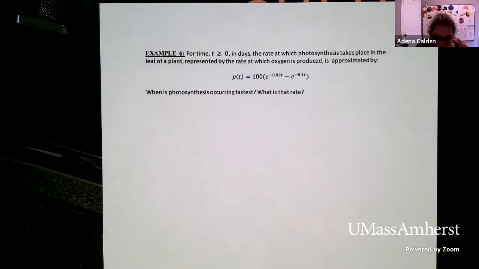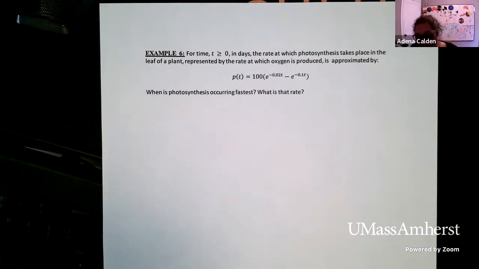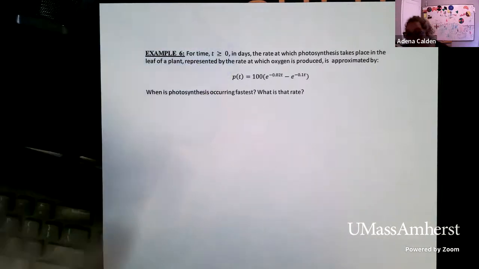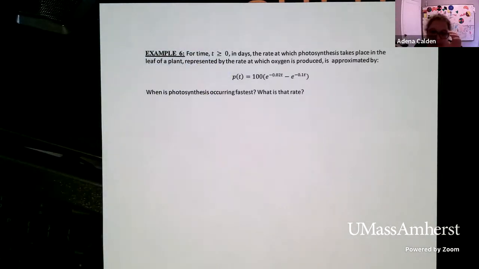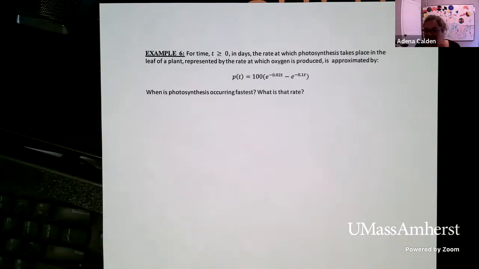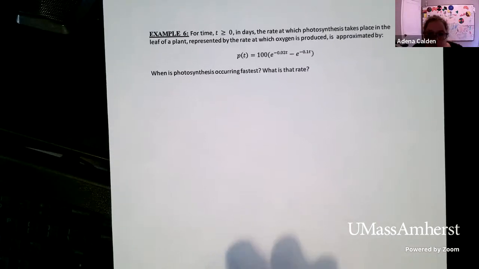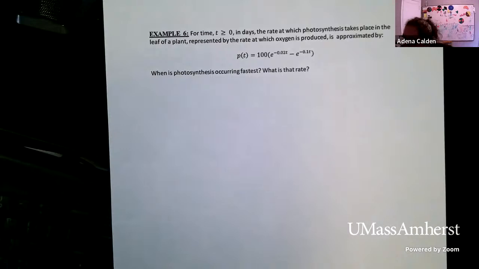If you get to the first derivative and you can't figure out how to do it when it's set equal to 0, I encourage you to try graphing the original function on your calculator to see if you can figure out approximately where the maximum is as an alternative to doing it algebraically. Okay, so take about 3.5 minutes, try it out, and then we will go through it together.